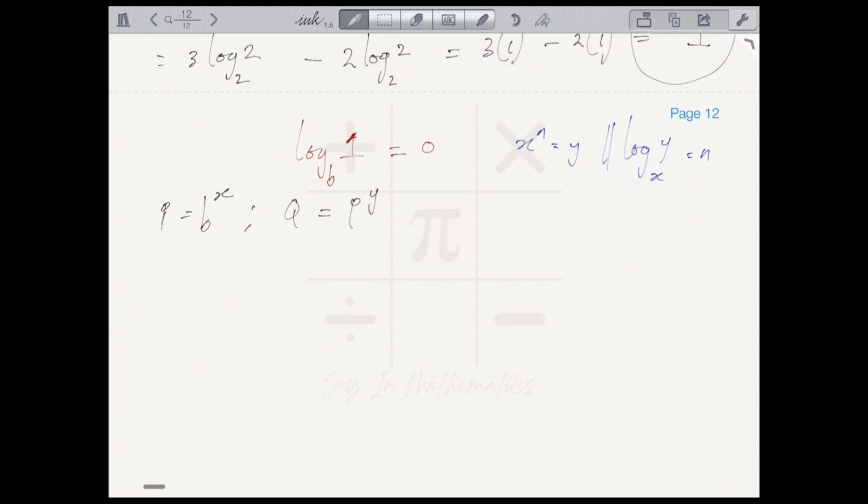Now if we have b raised to the power of 0, according to the law of index, anything raised to the power of 0 is equal to 1. So given that b raised to the power of 0 is equal to 1, if we convert this to logarithm form using this conversion, we will arrive at log of 1 to base b is equal to 0.